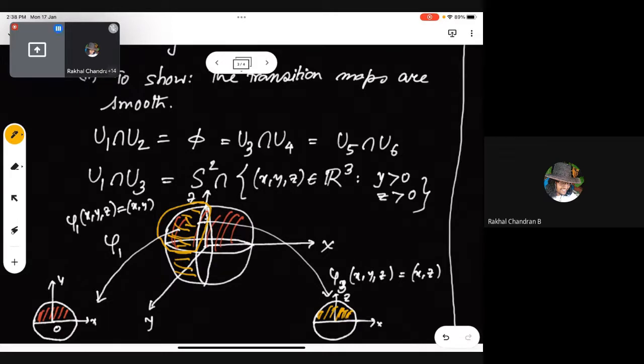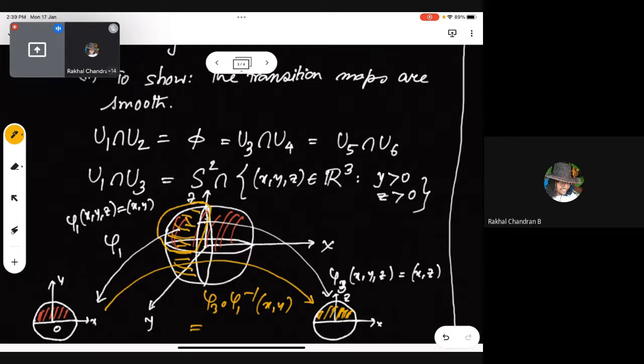So now if you want to look at the inverse, what will it be? So φ3 compose φ1 inverse. Let's say we put in (x, y).